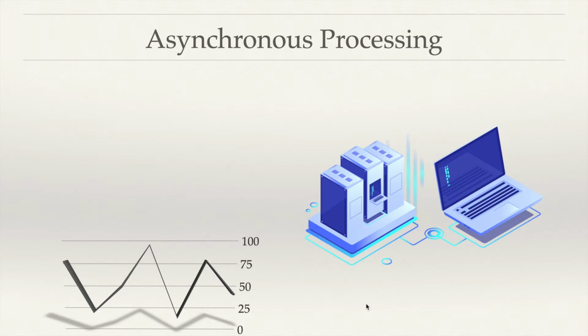So to serve those loaded requests, you need an asynchronous programming model. That's where your Service Bus architecture comes into the picture, and it helps you create an architecture which is feasible for performing asynchronous processing operations.